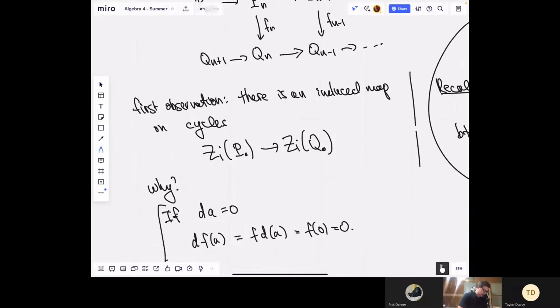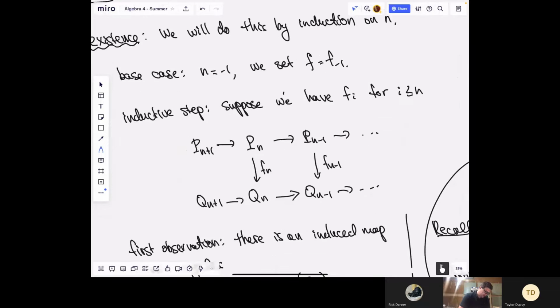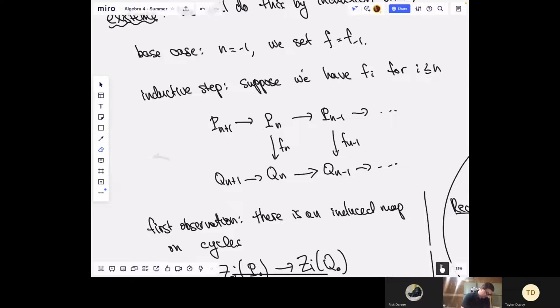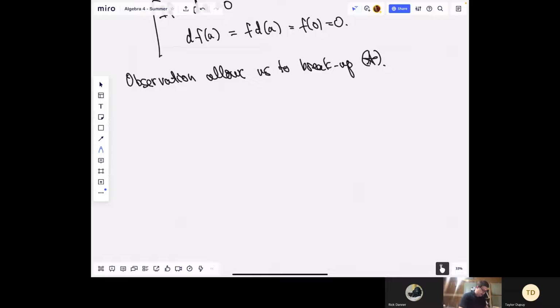Okay, and so this observation allows us to break up star. Okay, so here is star. Okay, and here's how we're going to break it up, right? So first, the first piece goes like this. So I'm going to truncate.